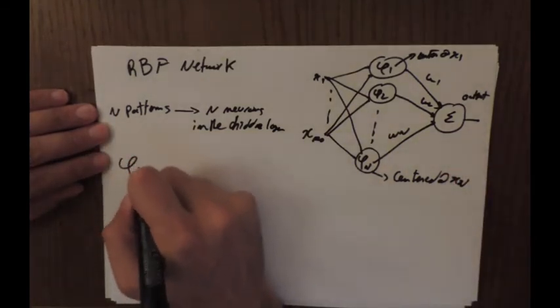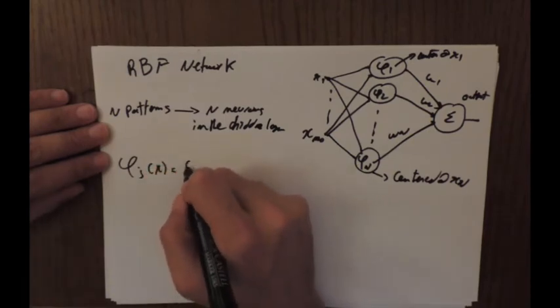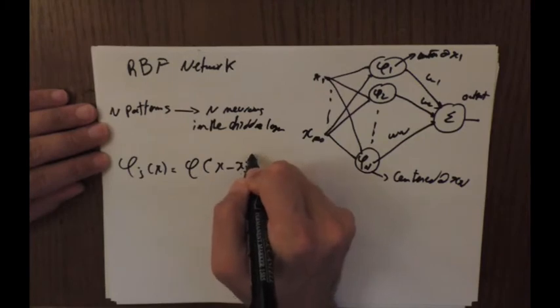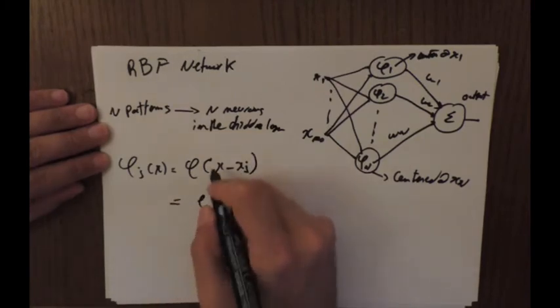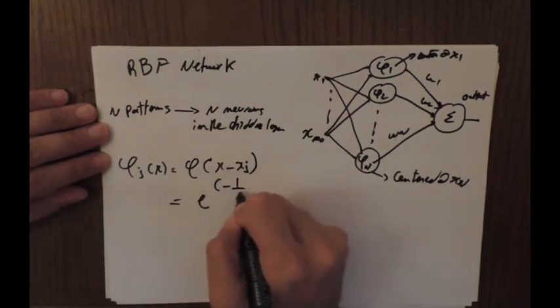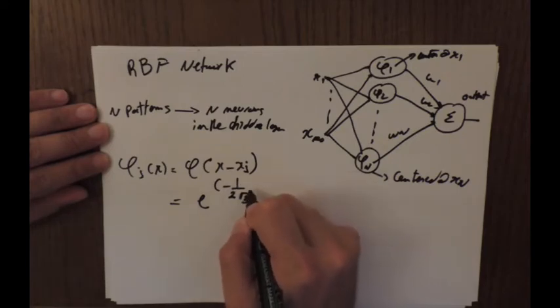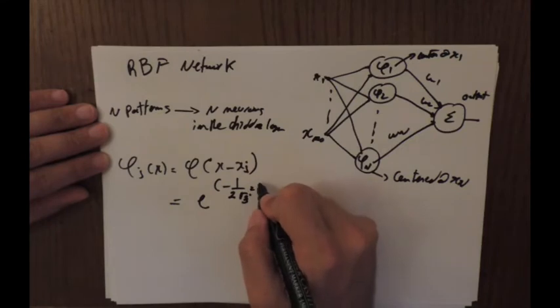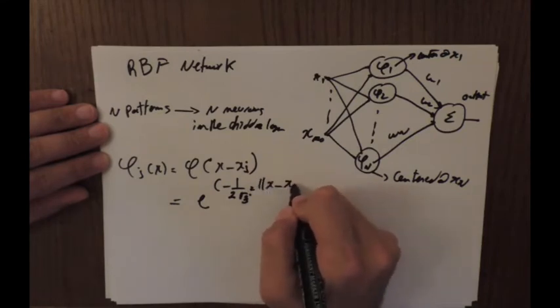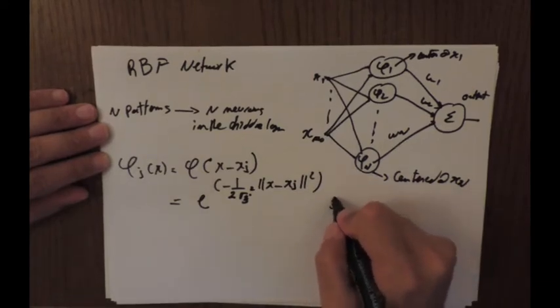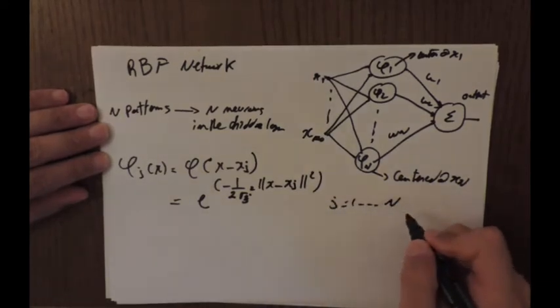Remember that phi j of x is equal to phi of x minus x j, which is exponential of minus 1 over 2 sigma squared times the norm of x minus x j squared, for j equal 1 all the way to n.